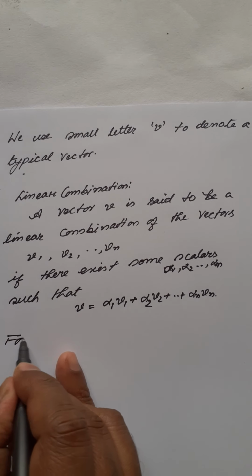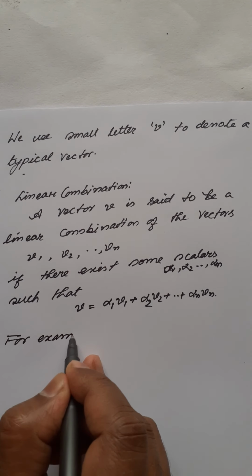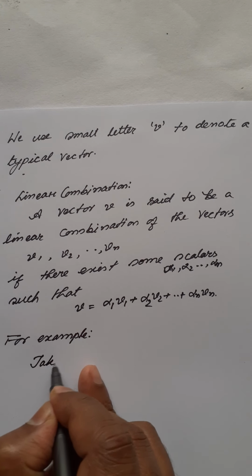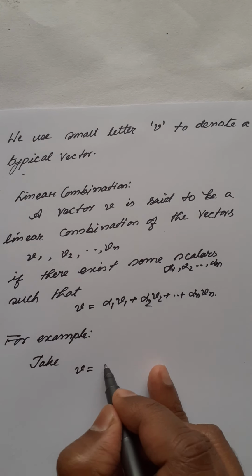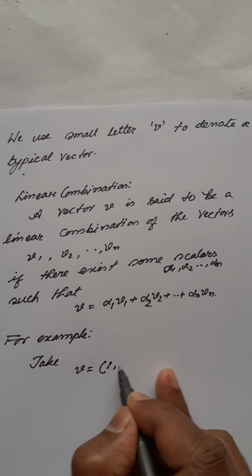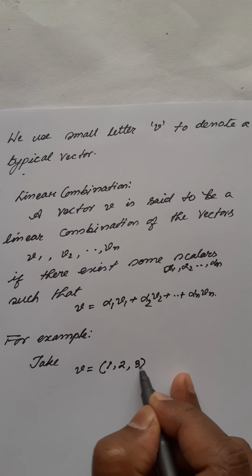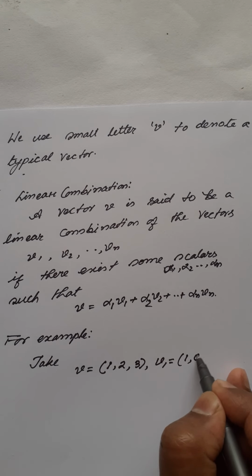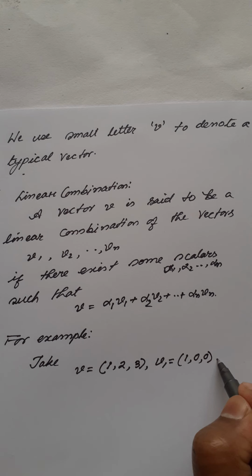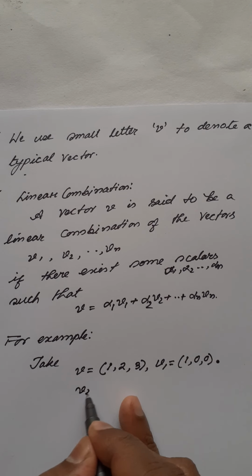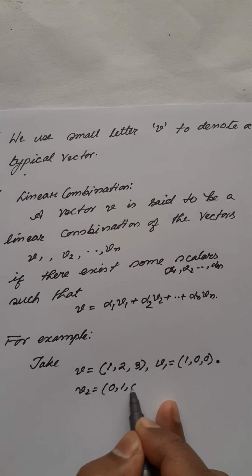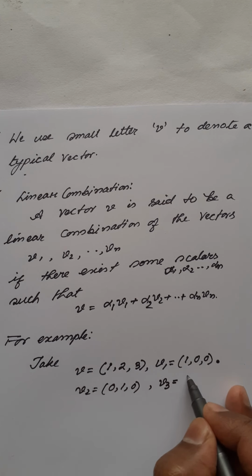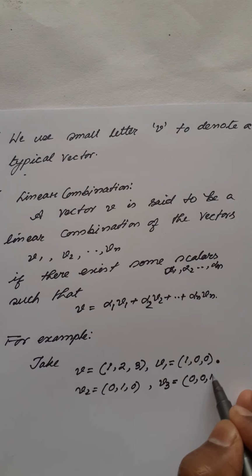For example, take v is equal to 1, 2, 3, v1 is equal to 1, 0, 0, v2 is equal to 0, 1, 0, and v3 is equal to 0, 0, 1.